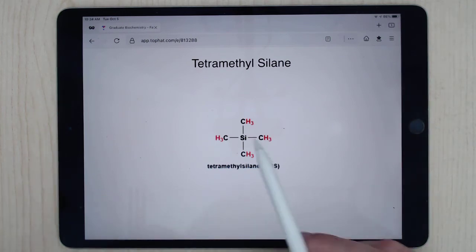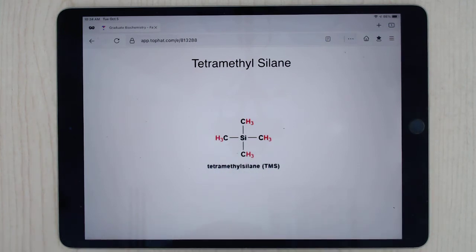The other thing is the presence of the silicon also allows it to be shifted a little bit farther upfield than normal carbons, and so it can get out of the way of an all-carbon compound. That's what makes it good, because we don't want it overlapping with the signals on our samples.